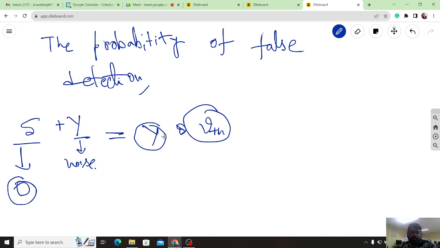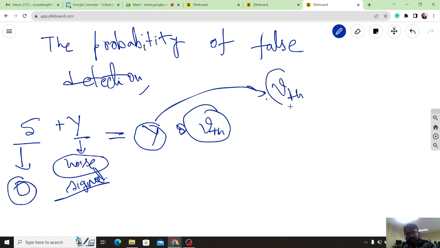But we have no control over Y, because Y is a noise signal. So we have to set VTH such that Y does not exceed this.